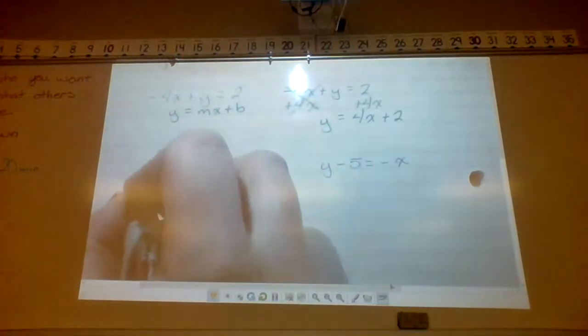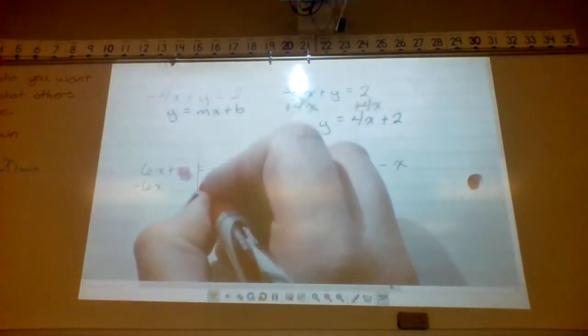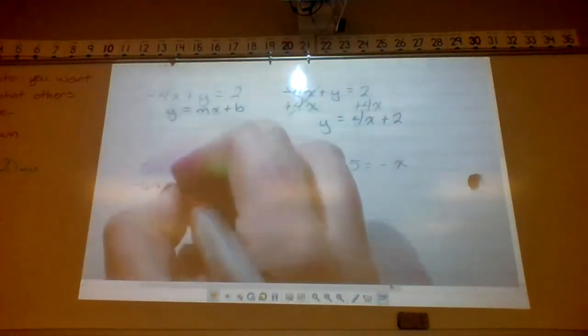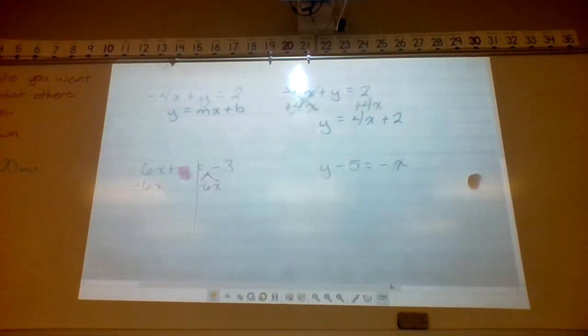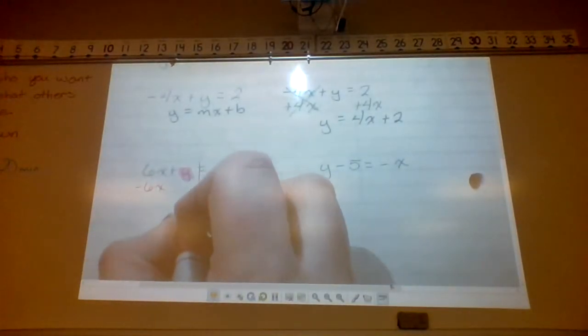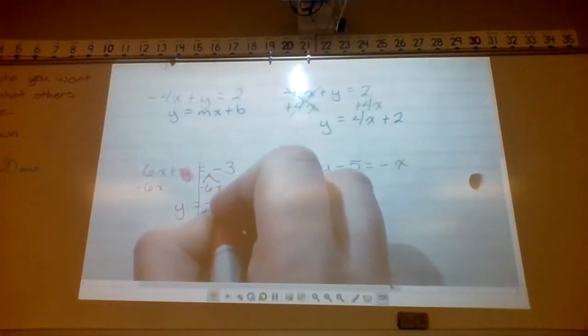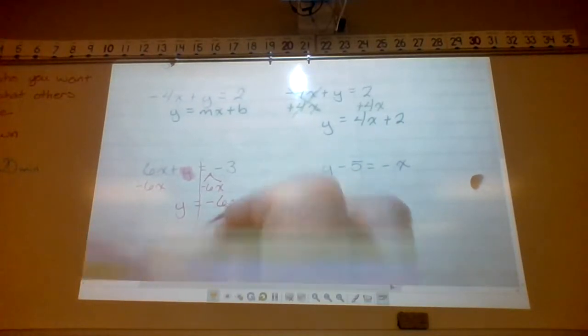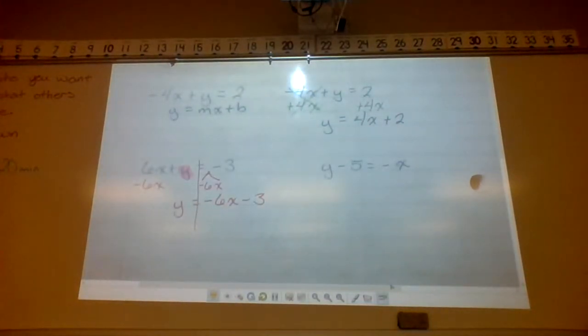So we're going to subtract 6x. Variables are pushy. They push the constants out of the way. y equals -6x minus 3. You do not combine anything else. You don't have to worry about anything else.